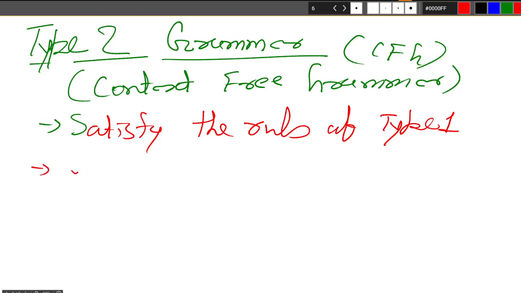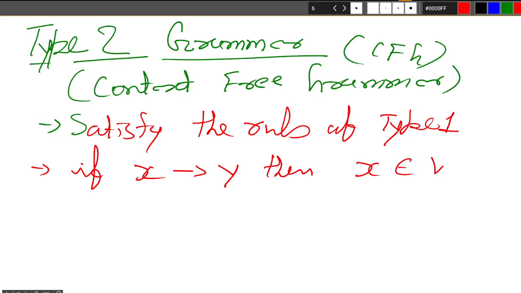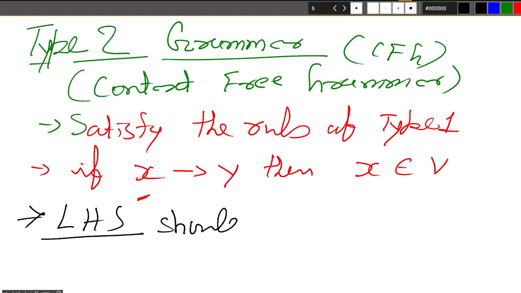And then if you have something like x gives y, then x should always be a variable only. It cannot be a terminal. So on the left hand side you will have a single variable.